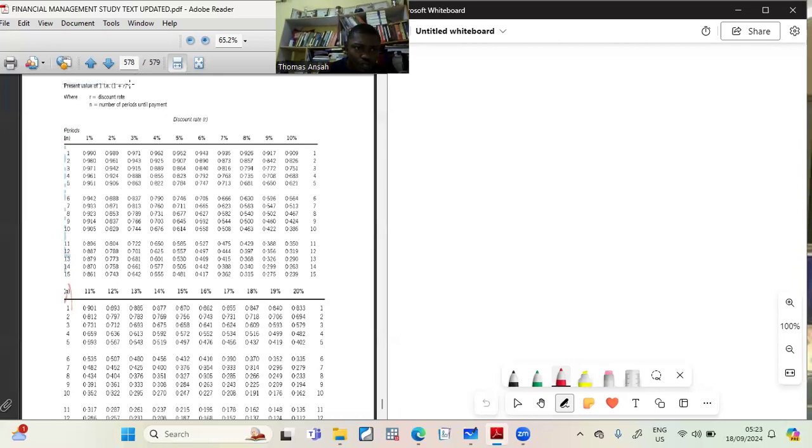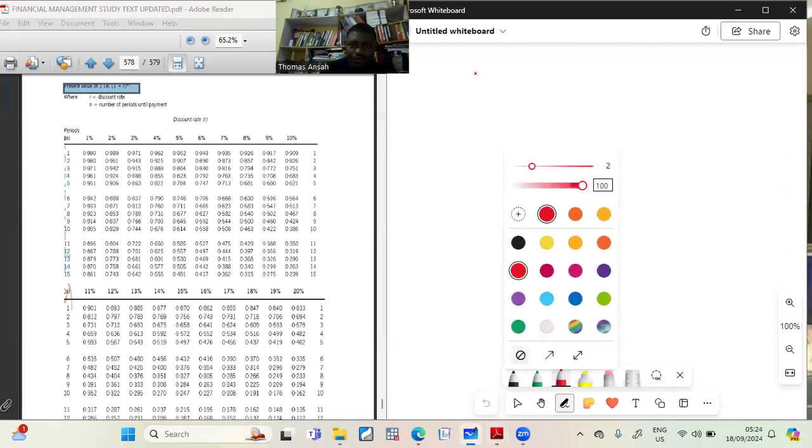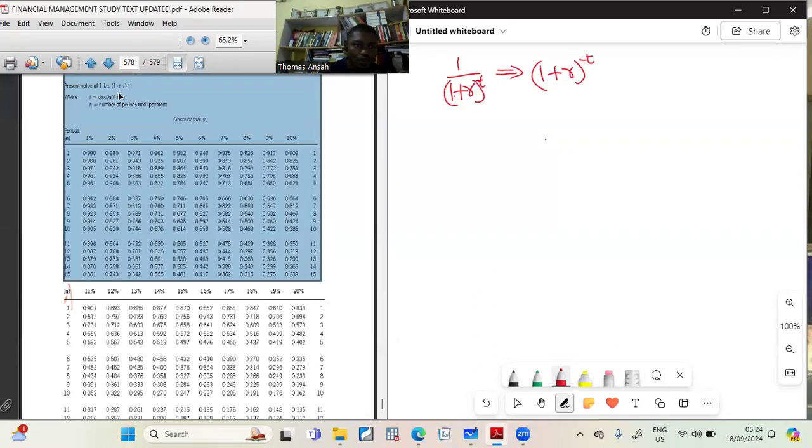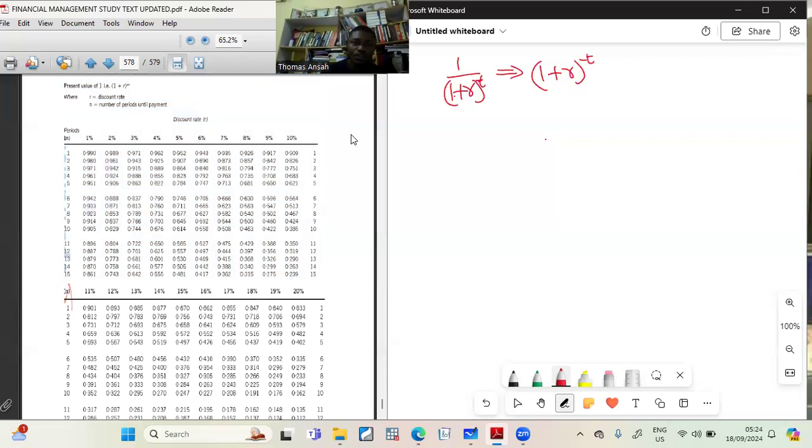You use the formula: the formula for present value is 1 over 1 plus R raised to the power T, which can be rewritten as 1 plus R raised to the power minus T or N. That tells you that it is your normal PV table.